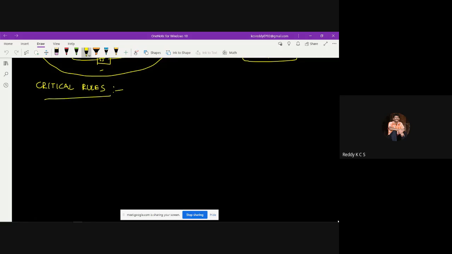say for example, the first one is shifting a takeoff point over a summing point, so after a summing point or before a summing point.